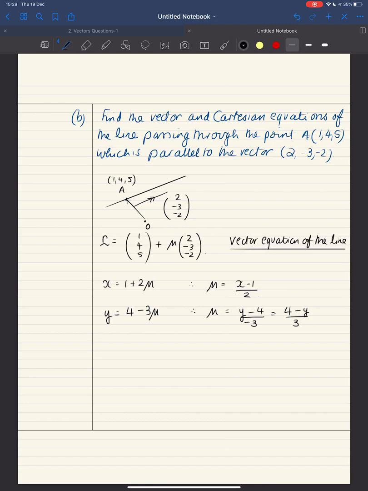And then the last one is z is 5 minus 2 mu, so therefore mu is z minus 5 over minus 2, which is 5 minus z over 2. So for our Cartesian equation, the ones without any mu's in it, x minus 1 over 2 is 4 minus y over 3 is 5 minus z over 2.